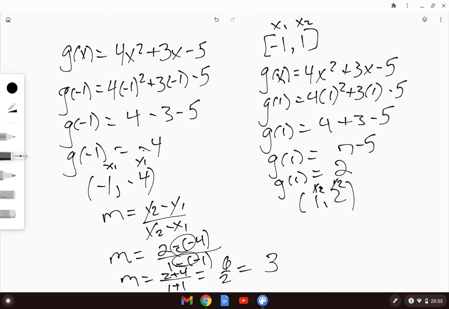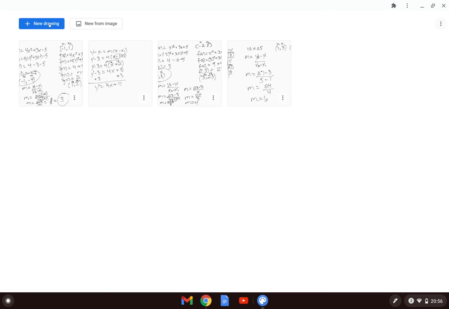All right, so now I take this ordered pair, x1, y1, and my rate of change, and I go to my point slope formula and plug these numbers in to find the equation of the secant line, so then I can graph my secant line. So here, my y1 is going to be the -4.